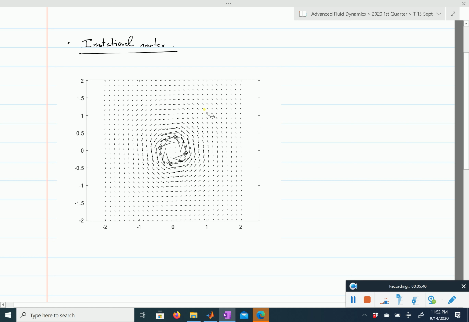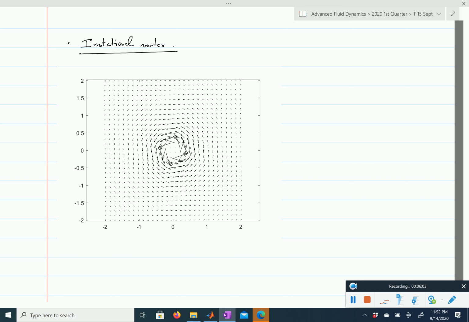We see that, again, there is no component of the velocity field in the radial direction, so the flow is turning around, if you want, but now the magnitude of the velocity field is not increasing with r, but it is decreasing with r, and in fact it is decreasing as 1 over r.